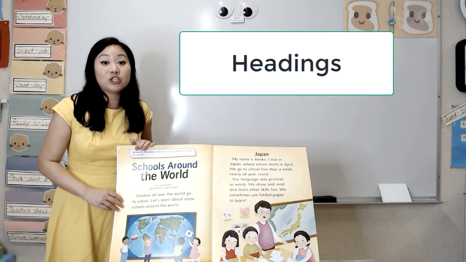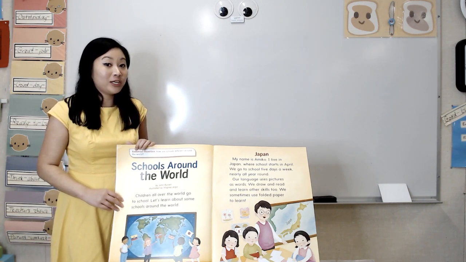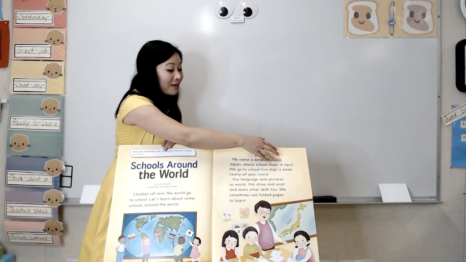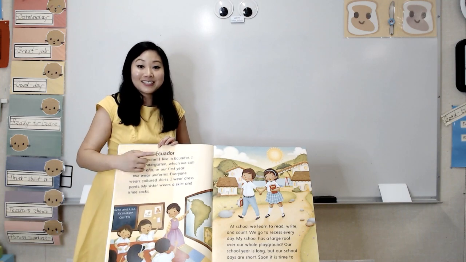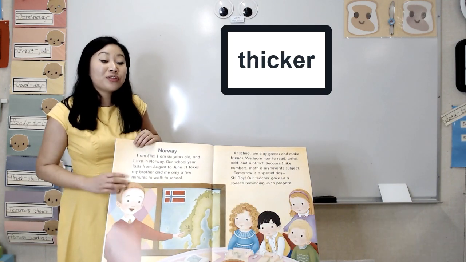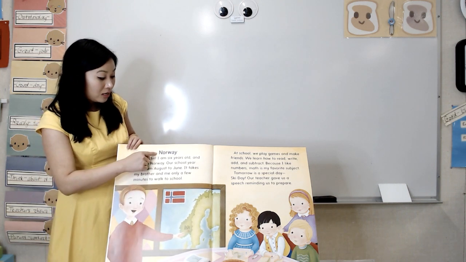In an informational text, the author uses headings to help present information in an organized way. This is an example of a heading. So is this. Now, headings are usually darker, thicker, and bigger than the other words on the page.